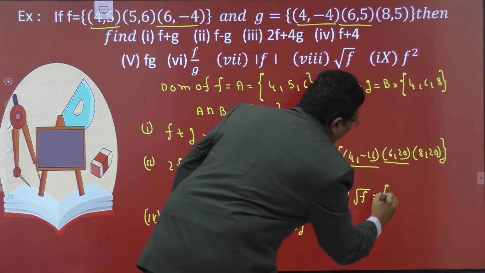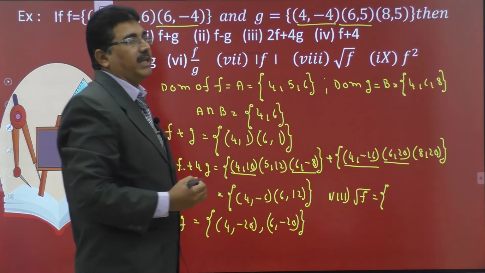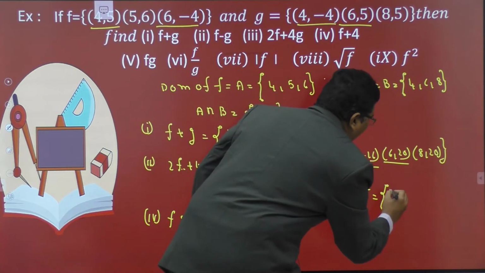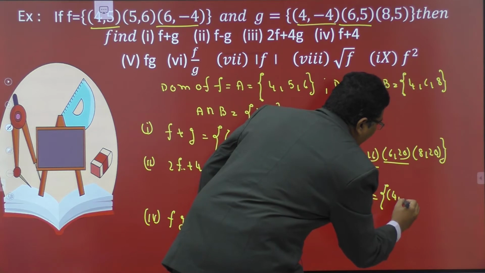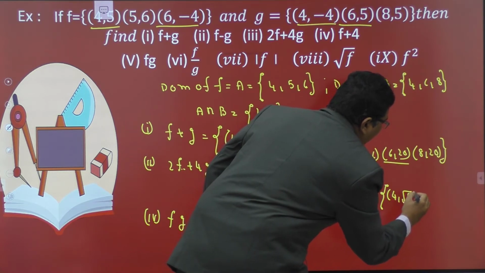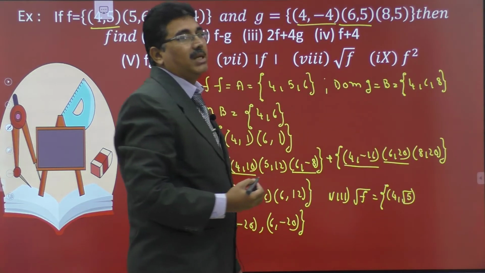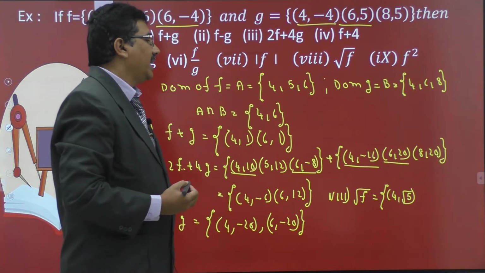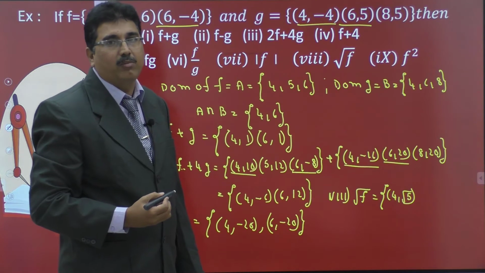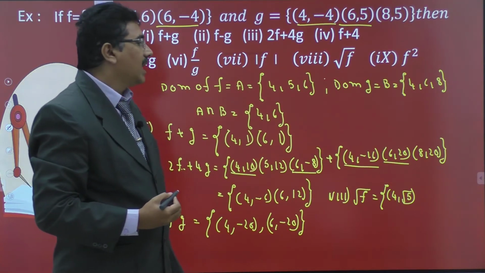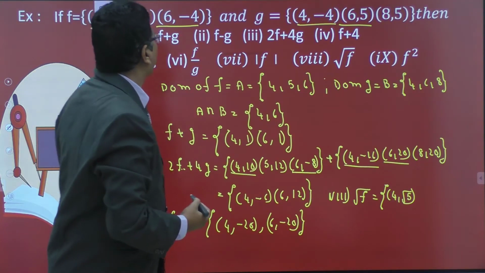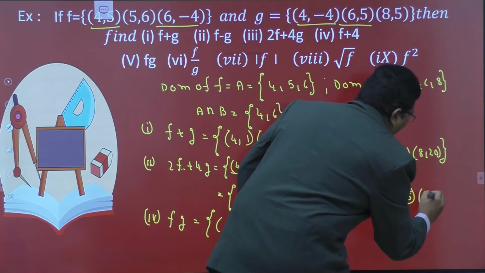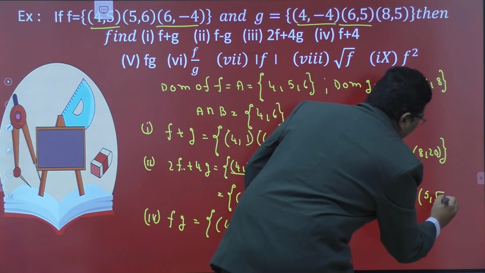It is the set of all ordered pairs taking the square root of the second component of every ordered pair in f: 4 comma root 5, 5 comma root 6.